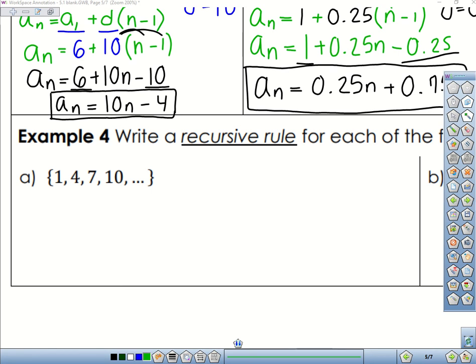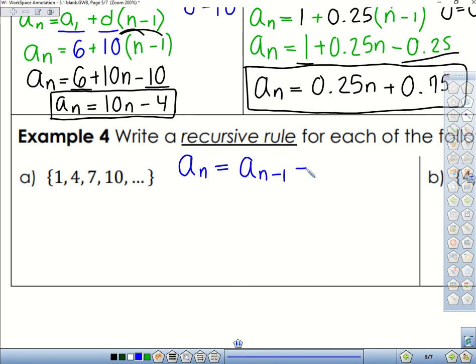So what I want you to do, and I'm going to copy it down so you don't have to look back on your notes. This is the general recursive rule formula. A sub n is equal to A sub n minus 1 plus D.